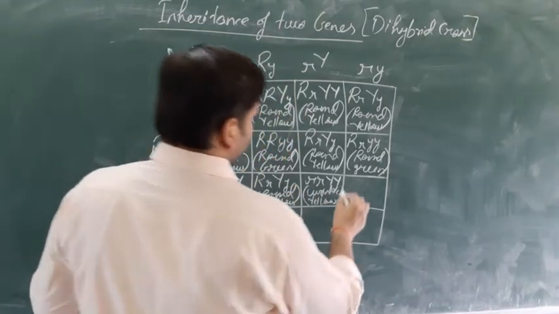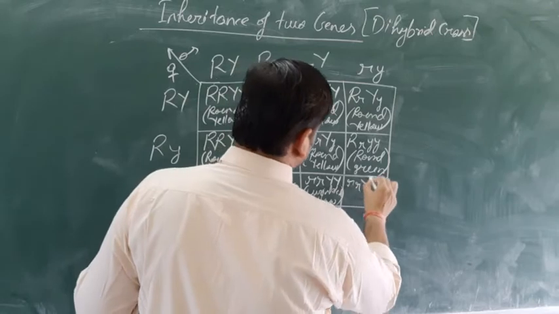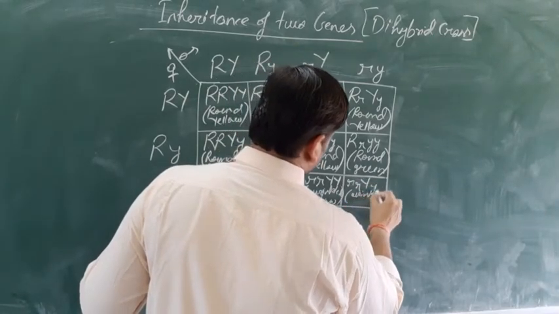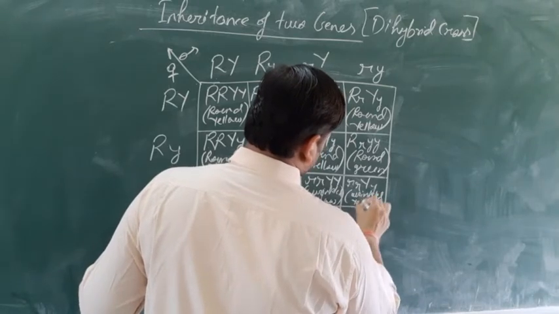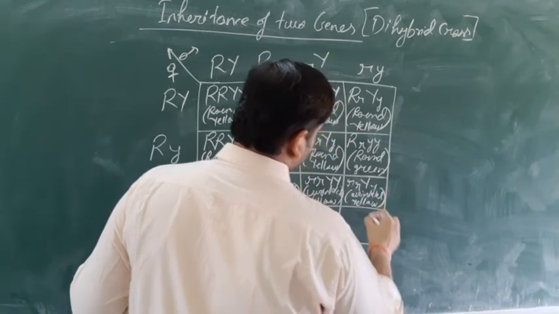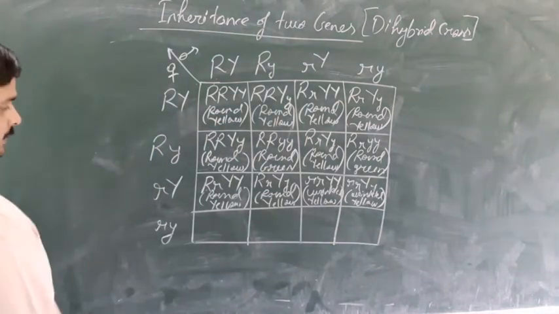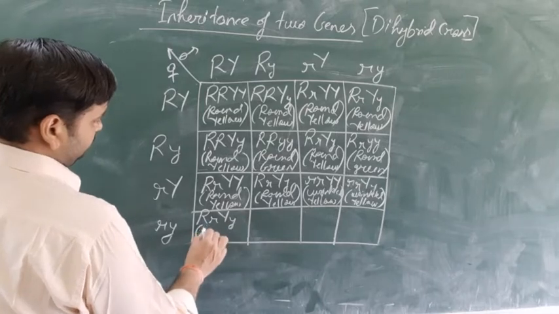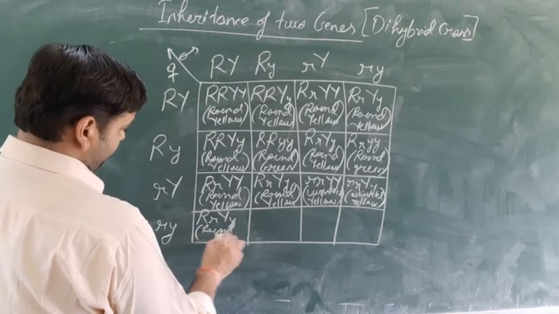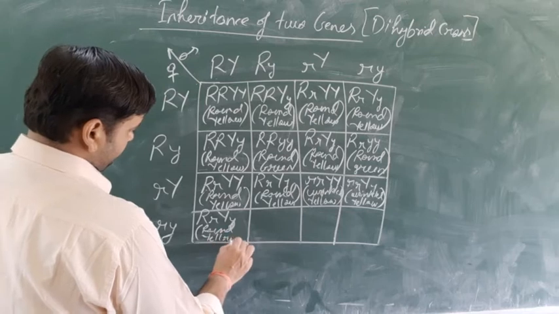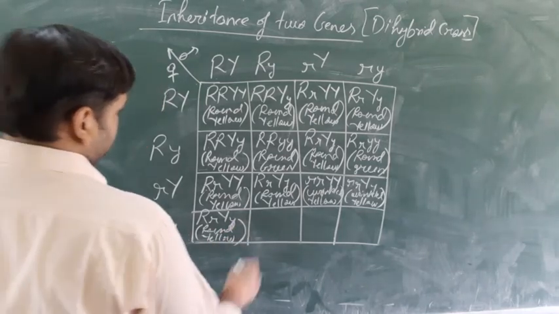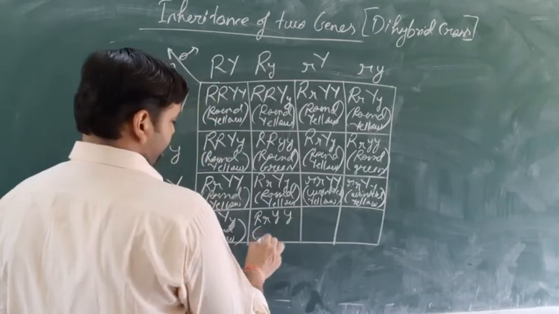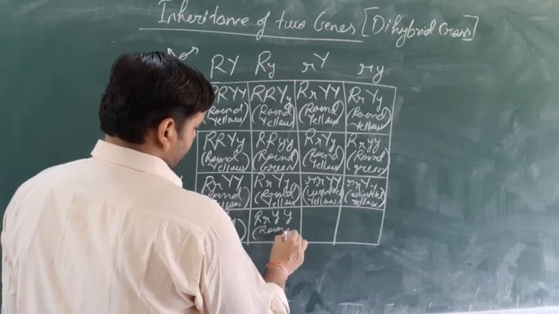Here again you can see small r capital Y small y means wrinkled yellow. Then capital R capital Y small y, again round yellow. Here capital R small y, round green.